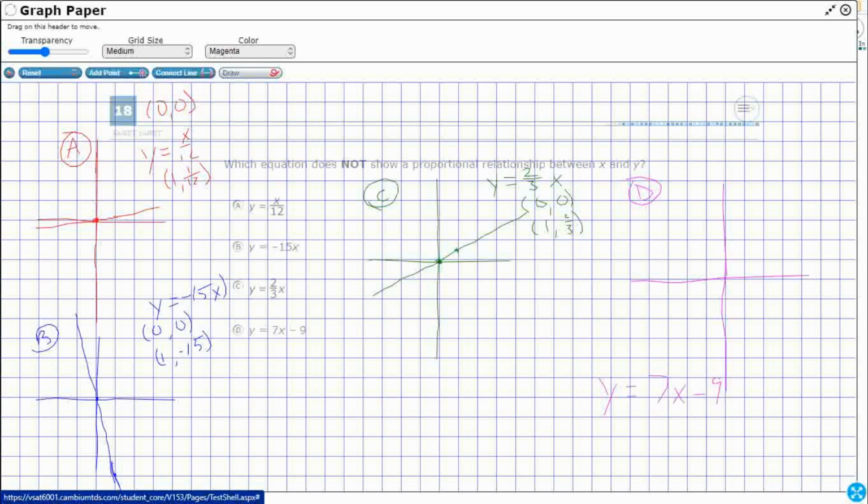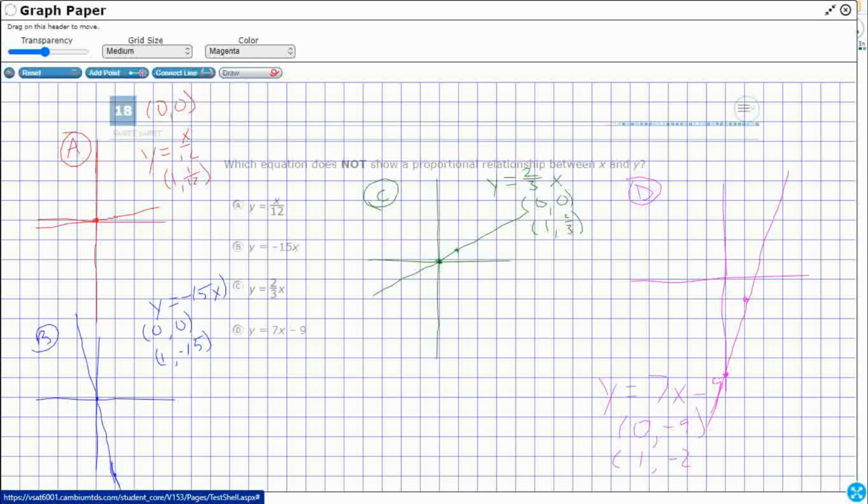Okay, so if x is 0, that's going to be 0 times 7, 0 minus 9, so that's minus 9. So 0, I'll make that my minus 9. Then if x is 1, that's 7 minus 9, that's minus 2. So that's going to be up here. Let's say I'm counting by 2's. So if I wanted to draw my graph there, take a look.